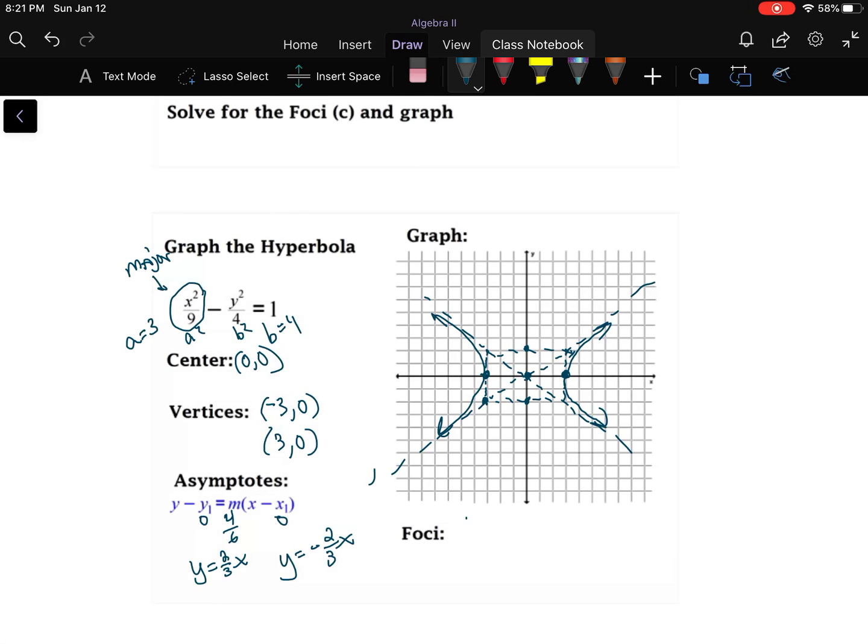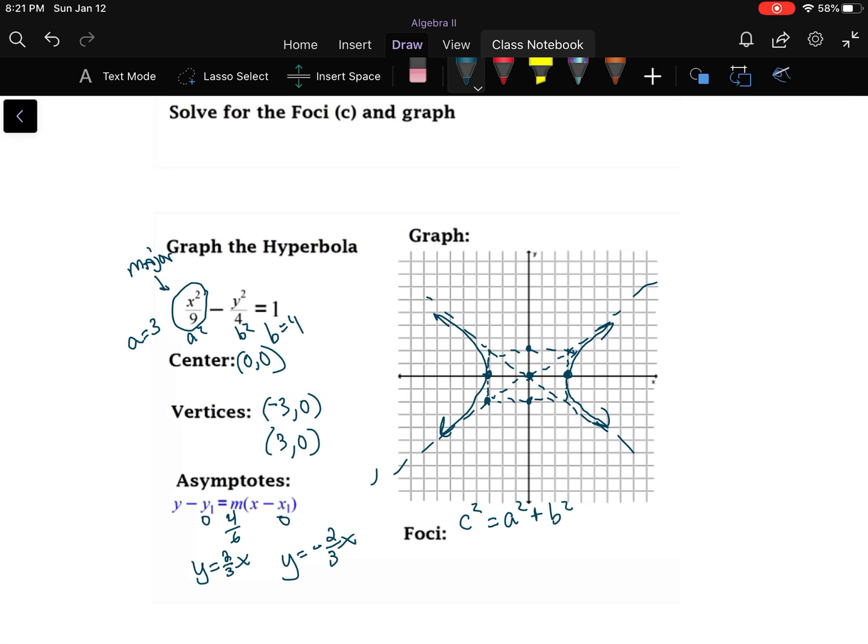Okay, your foci, remember, it was c squared is equal to a squared minus b squared for ellipse, but since it's a hyperbola, we'll put a plus. So now it's 9 plus 4, 13, or the square root of 13, which is roughly, and again, I'm just estimating off the top of my head, maybe like 3.8-ish.